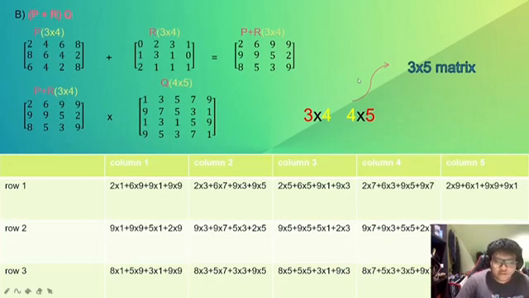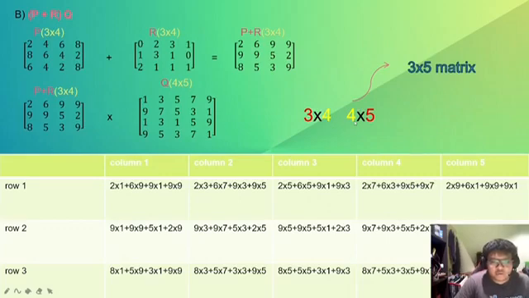So after this, we are going to see the number at the end of the matrix, 4, and for the matrix Q, the front number, 4.